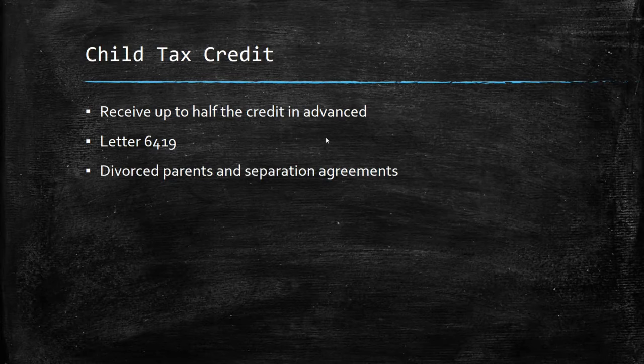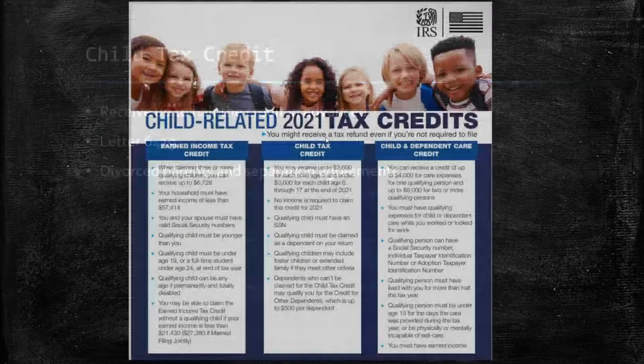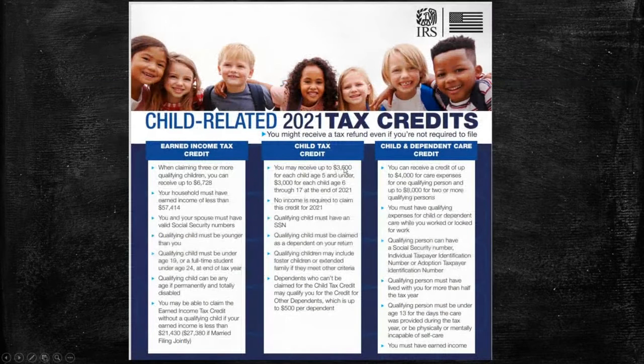The total credit is $3,000 per child, ages 6 through 17. So $3,000 per child who was age 6 through 17 as of 2021. If there was a child that was 5 or younger, then the credit was $3,600. So $3,600 for each child age 5 or under, $3,000 for ages 6 through 17 at the end of 2021.